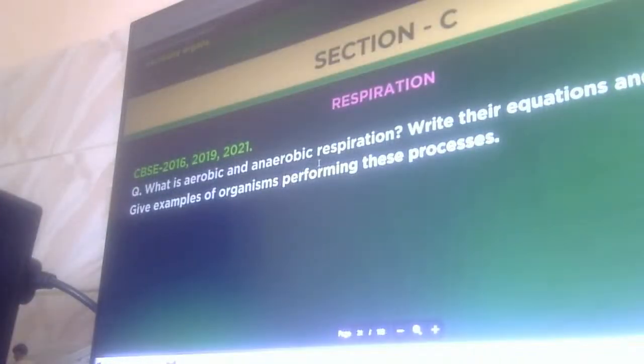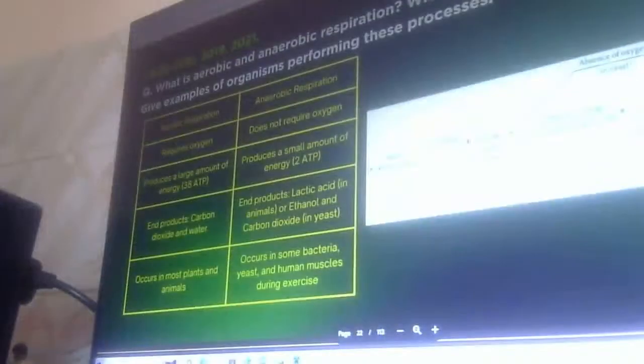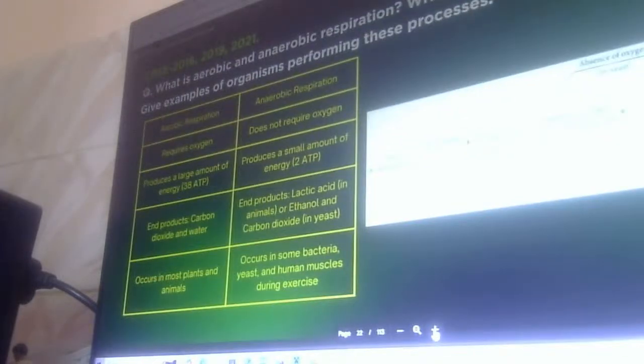Aerobic, anaerobic equations. Glucose becomes pyruvate in the cytoplasm.